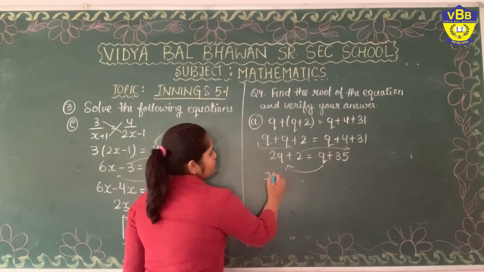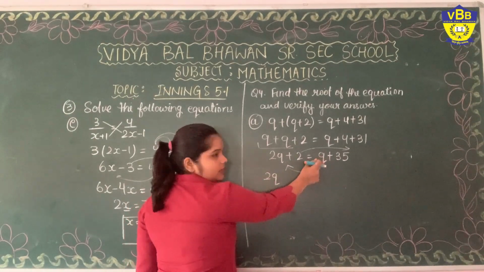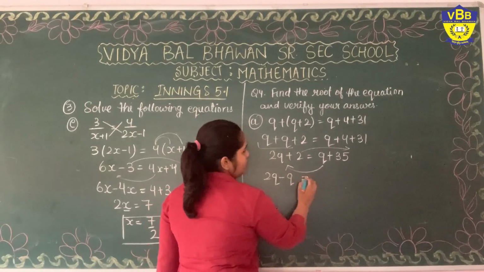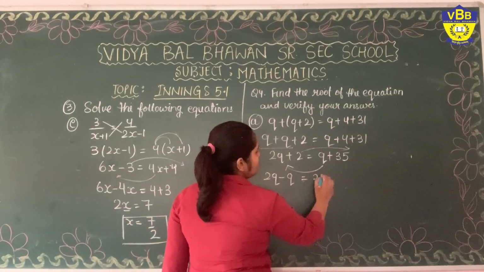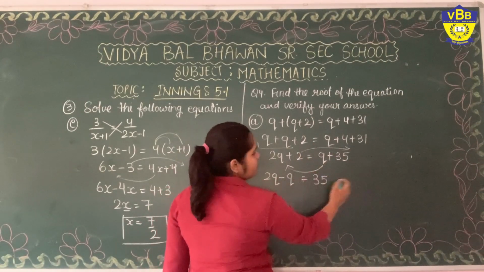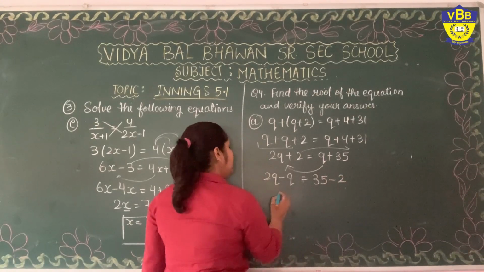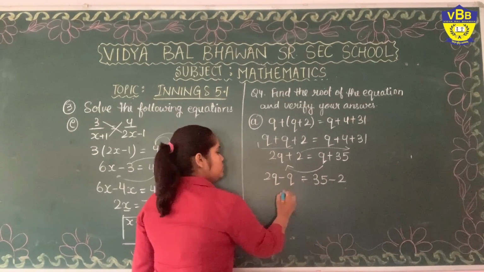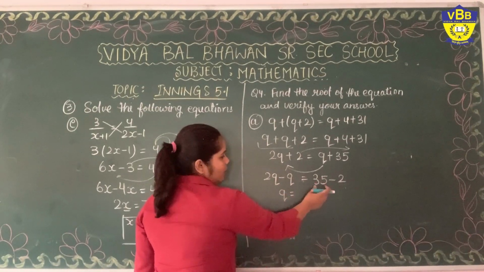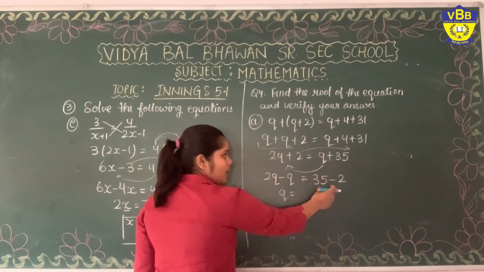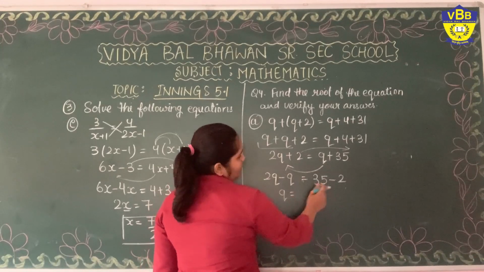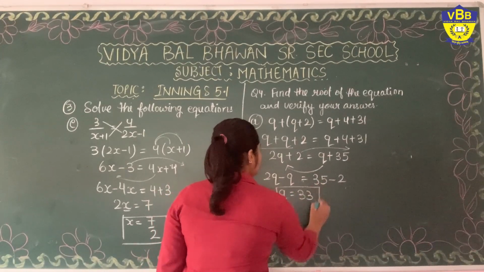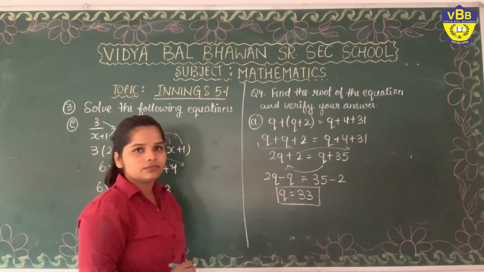So 2q, shifting this q to the left side, plus q will become minus q, equals to 35 is already here, plus 2 is shifting to that side and it will become minus 2. So 2q minus q is q only. And on the other side, when you subtract these two numbers, 35 minus 2 is 33. q is equal to 33.